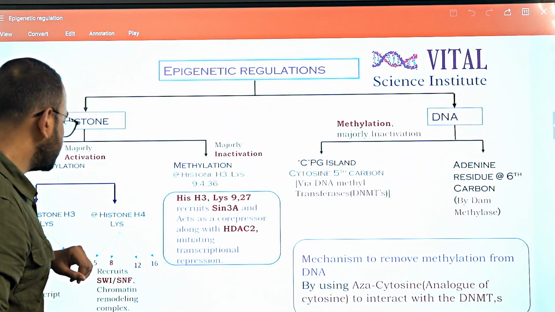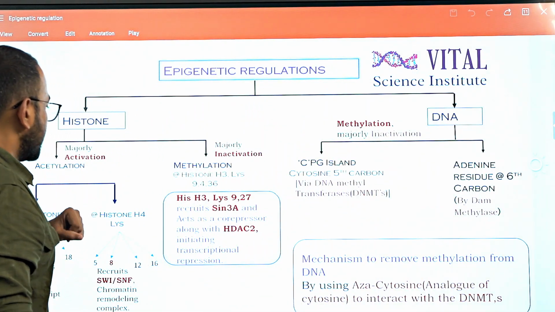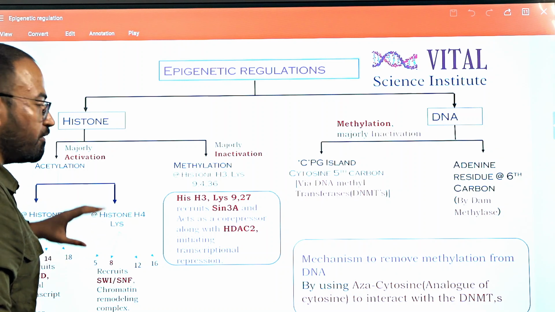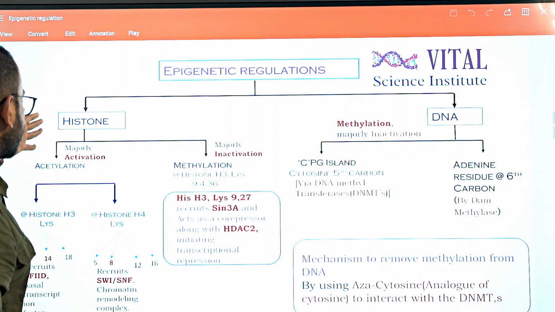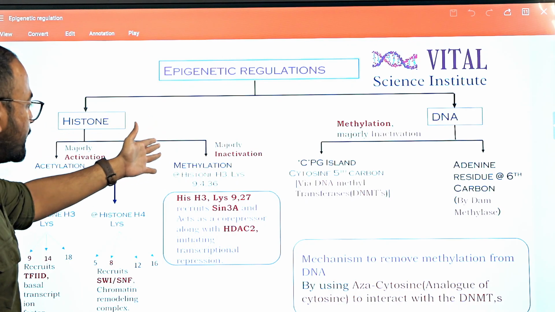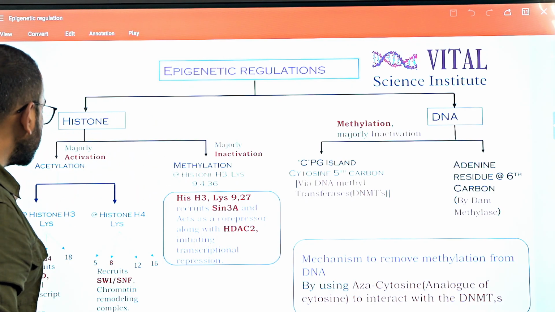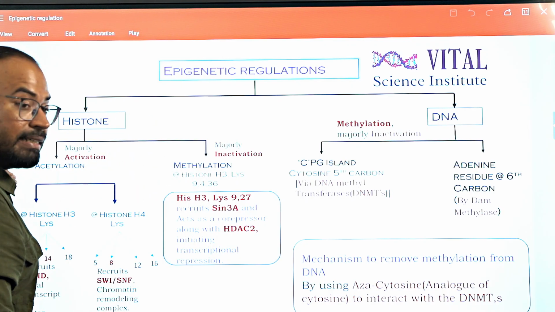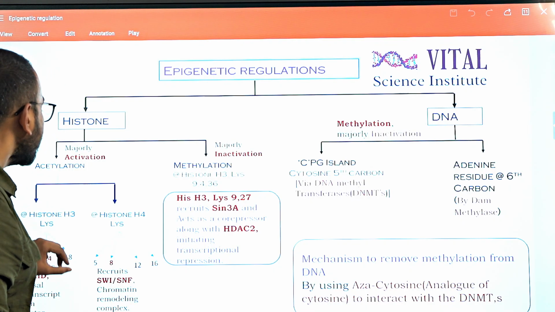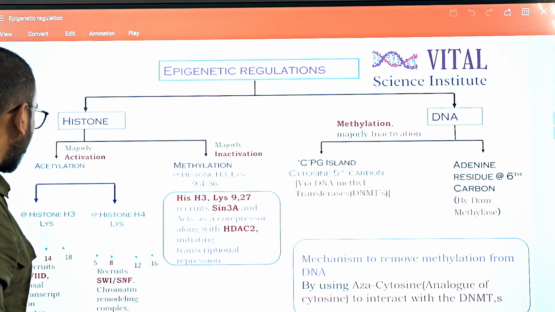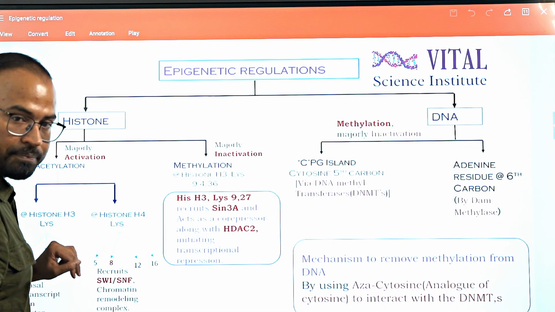Now coming to our after effects. As you have seen from the picture, on histone there lies acetylation and there lies methylation. When acetylation occurs at histone H3, there are two distinct positions, lysine 9 and lysine 14.